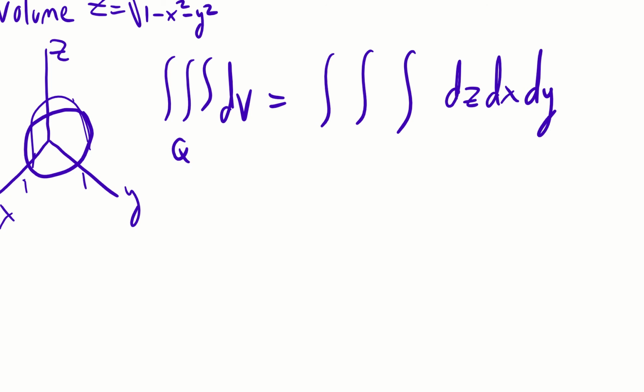Because it has to lie above the xy plane, we know that z is going to be greater than 0, and it's going to lie below the curve square root of 1 minus x squared minus y squared. So our bounds for z are going to go from 0 to the square root of 1 minus x squared minus y squared.